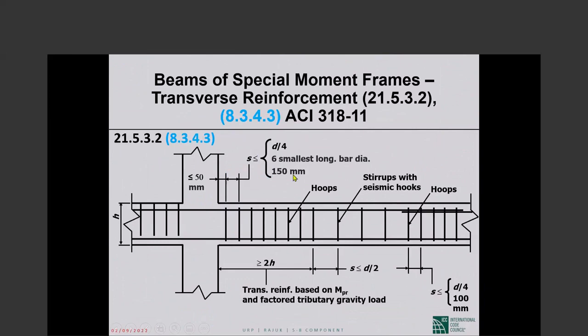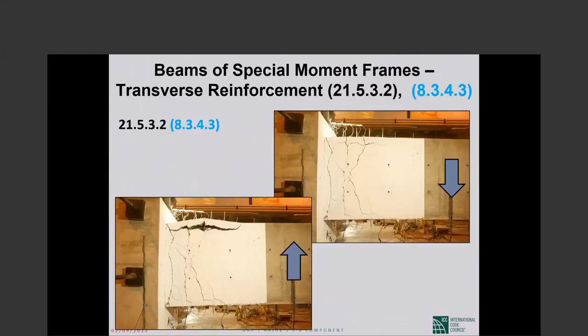Okay, so that was an ACI 318 change. Very, very important change. The spacing of these hoops in the plastic hinge region was made significantly tighter. This was done on the basis of tests at the University of California, Berkeley.